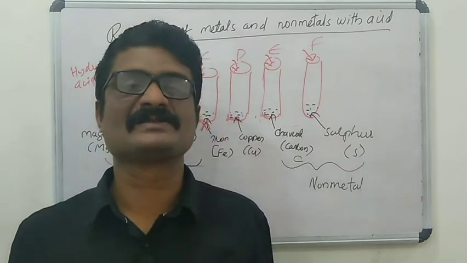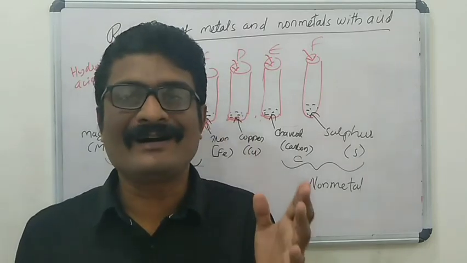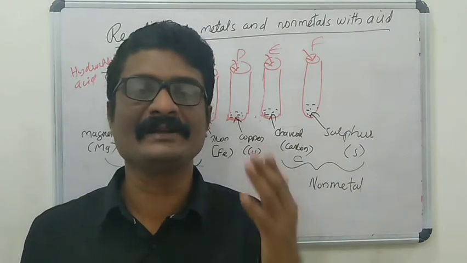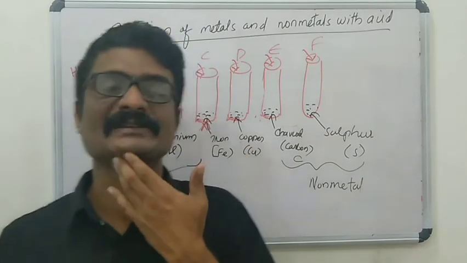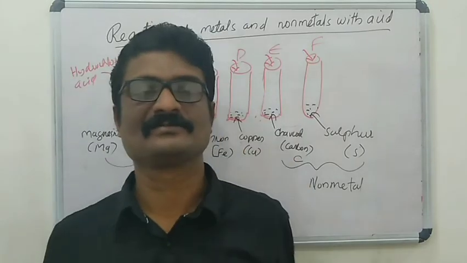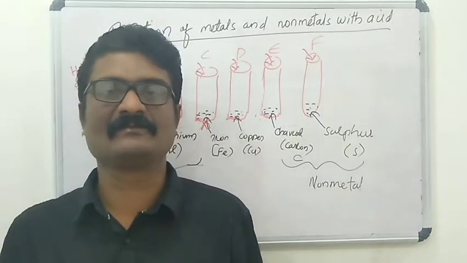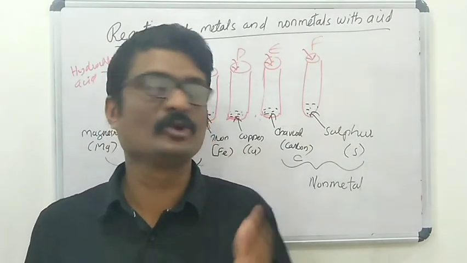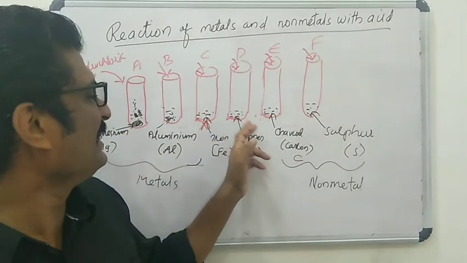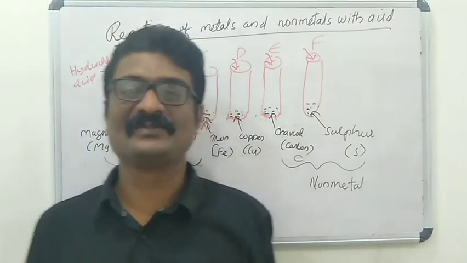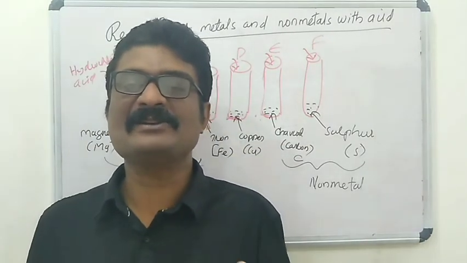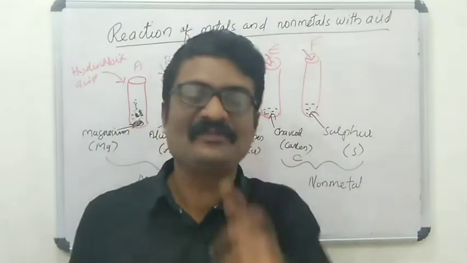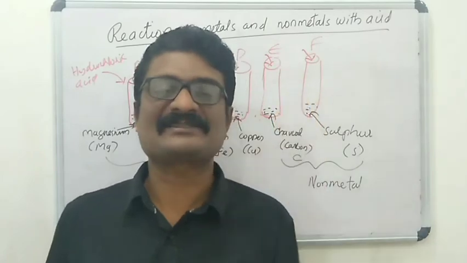This means the iron nail has also reacted with hydrochloric acid. But even after heating, no changes in test tubes D, E and F. This means that the elements in D, E and F, that is copper, carbon and sulfur, have not reacted with hydrochloric acid.